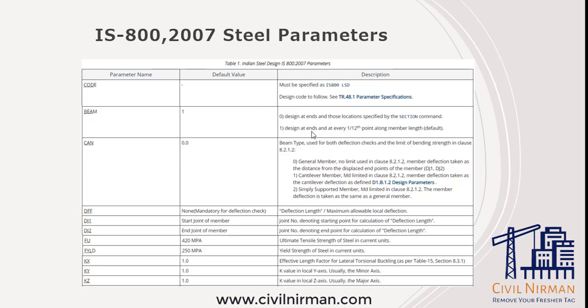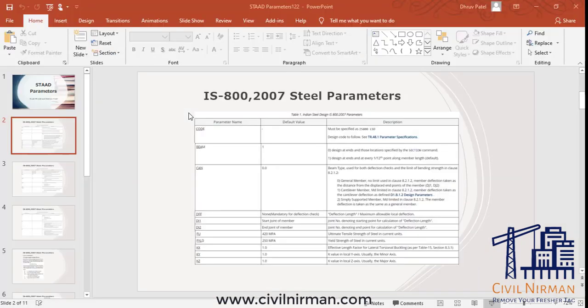Along with that, the entire length will be broken down into 12 equal parts, and at all those 12 junctions STAAD will check the individual design criteria. So that is the default value, beam value 1 should be assigned to the entire structure. It's anyway a default value, so even if you don't define the beam as 1, it will automatically take that value and design the structure.